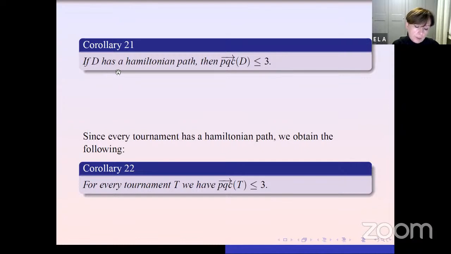It can be proved that if D has a Hamiltonian path, then it must be unilateral. And then we know that every tournament has a Hamiltonian path. Strong tournaments have a Hamiltonian cycle, and if a tournament is not strong, then it must contain a Hamiltonian path. And for those we obtain that for every tournament, the proper quasi-connection number also is at most 3.